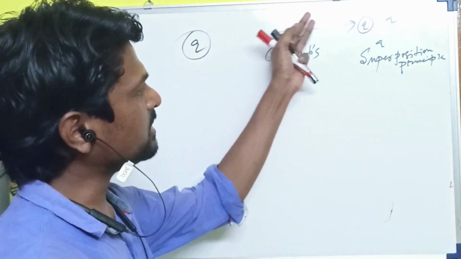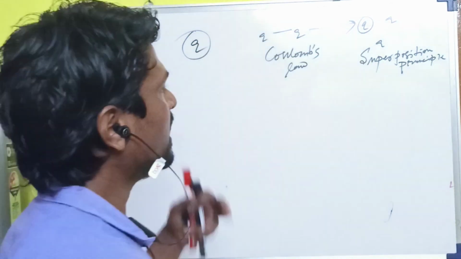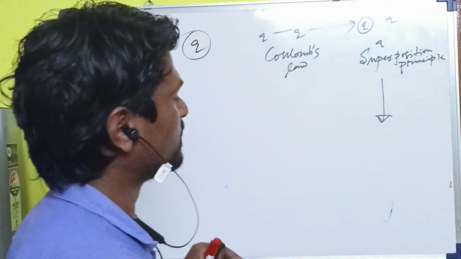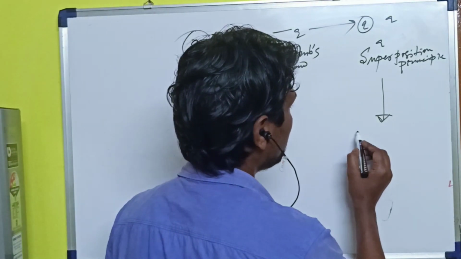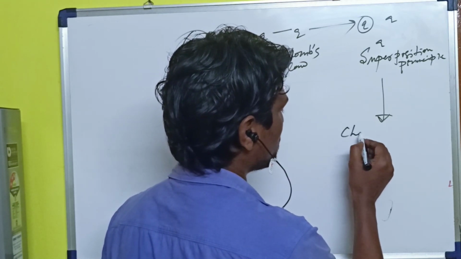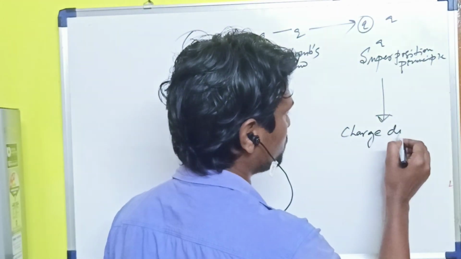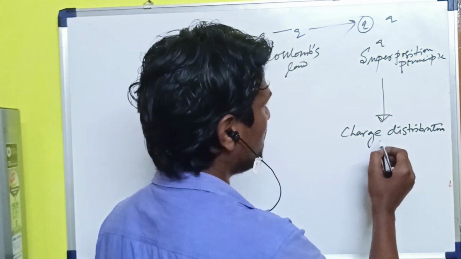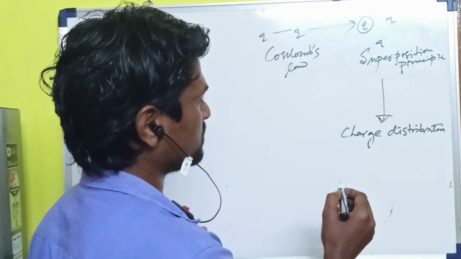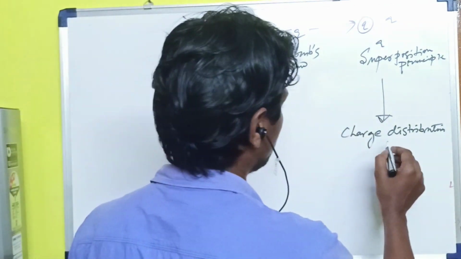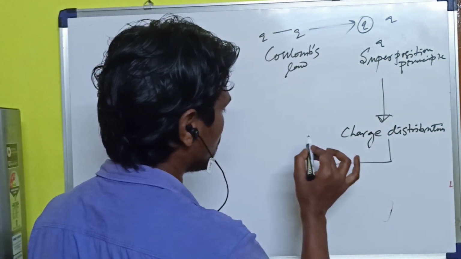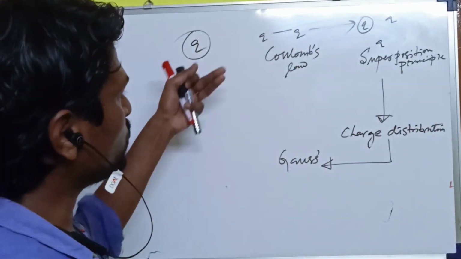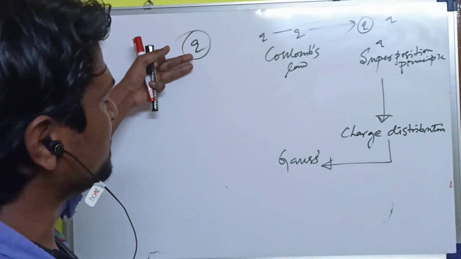If that fails, we can use the superposition principle, and if that is also not applicable, then we can apply the charge distribution process, that is, the integration process. We can calculate those forces, and if this also fails, then we can apply Gauss's theorem.